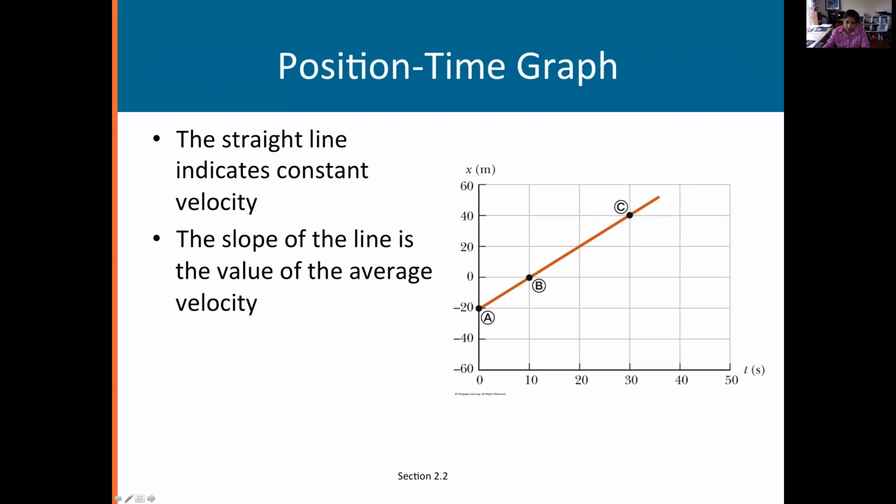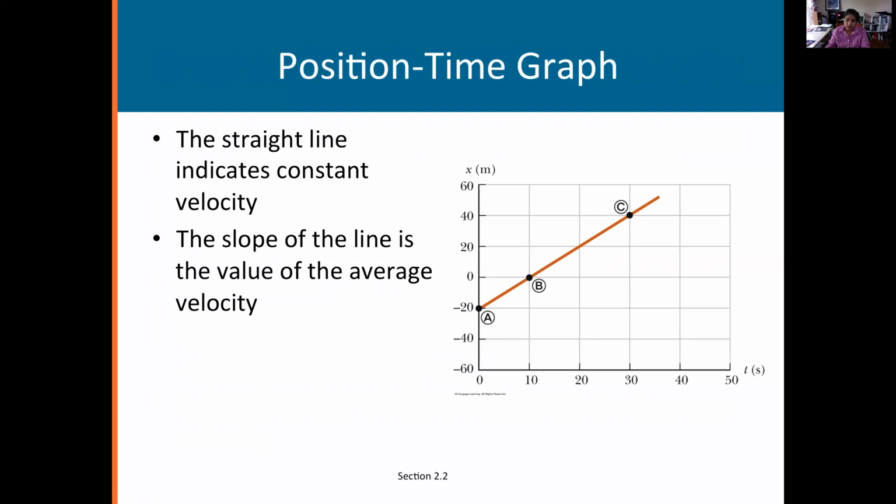So that's going to give me a positive 60 over how much time? Over 10, 20, 30 seconds. So 60. So it's going to be 2 meters per second. Now, it's going to be my slope here. Okay, and that slope, 2 meters per second, is telling me my average velocity.